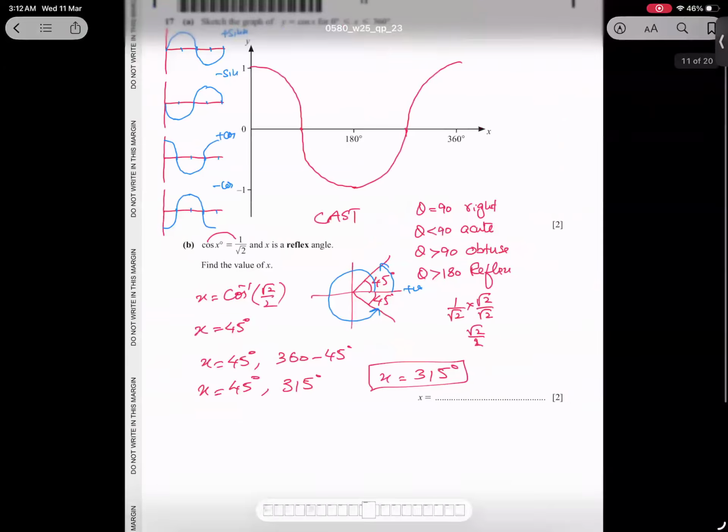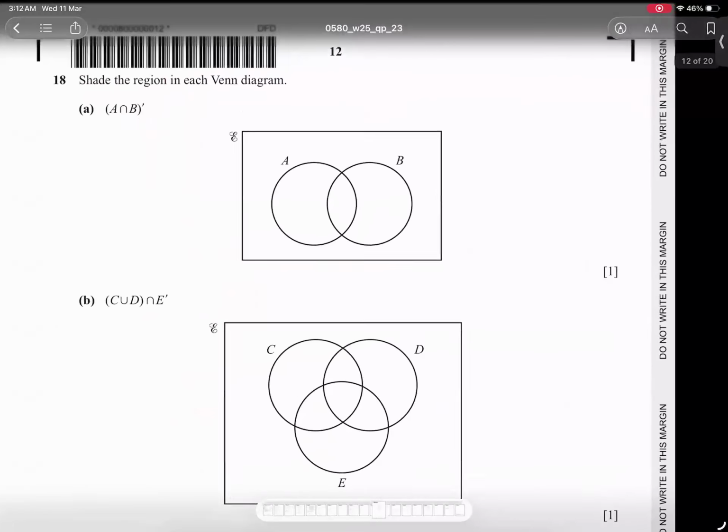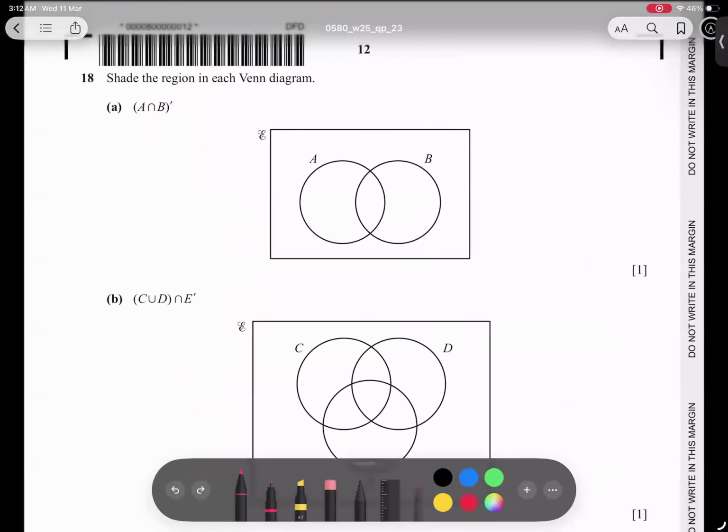And let's talk about the next question. Question number 18, students, we have to do the shading portion. So we have to shade this one. If you are not finding it easy, do one thing. First of all, I can make extra diagrams, A intersection B. What is A intersection B, student?